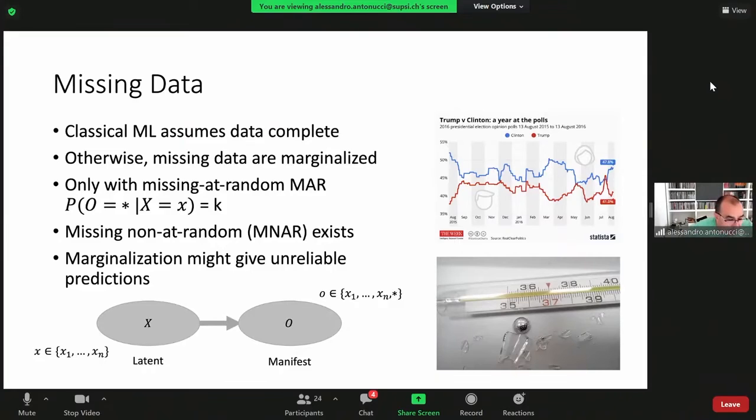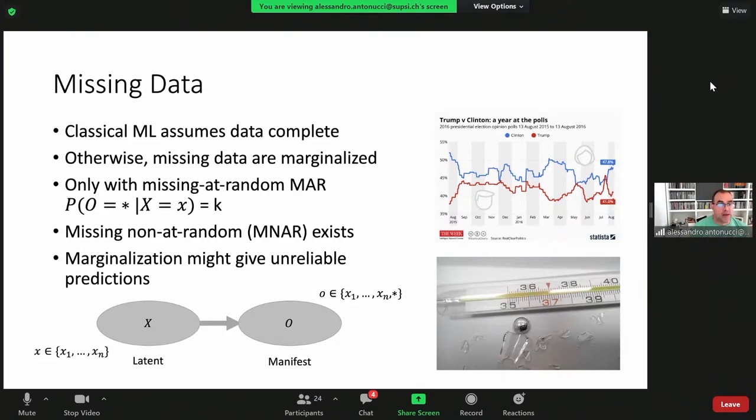If your sensor is completely broken, the probability of missing is 1, and this is missing at random because it's independent of the actual value of the X you observe. But let's say your temperature sensor gets into trouble when the temperature is very high, and you don't know that. Then you are going to marginalize over the marginal for the temperature, and your result can be very biased and unreliable because of that.